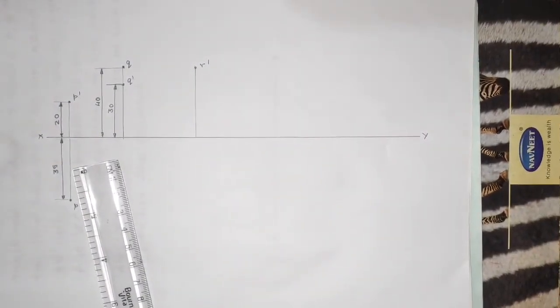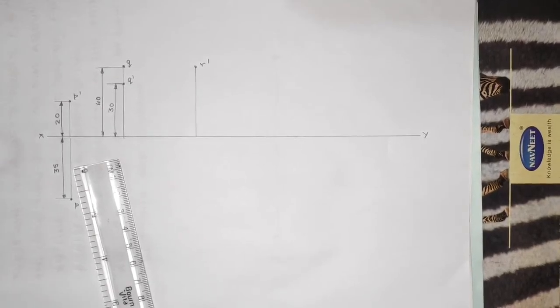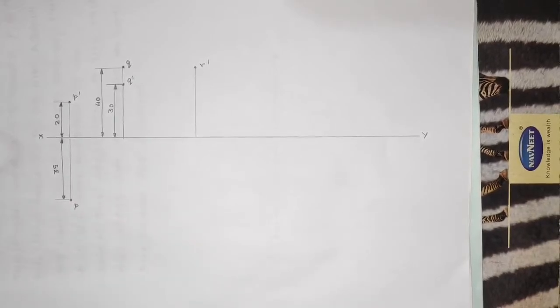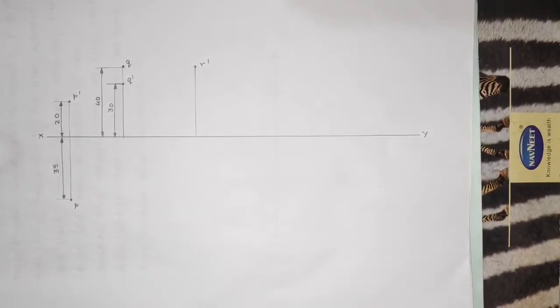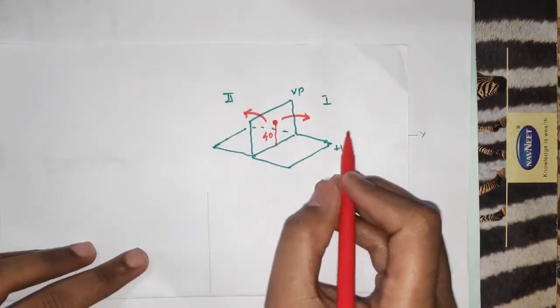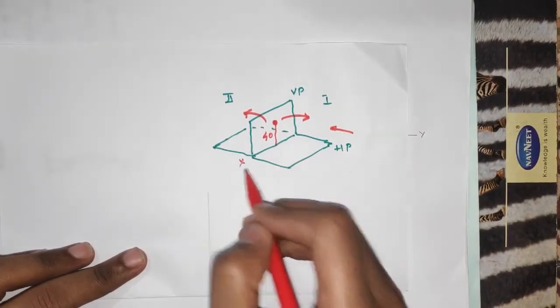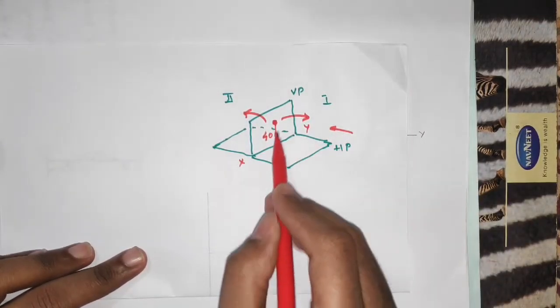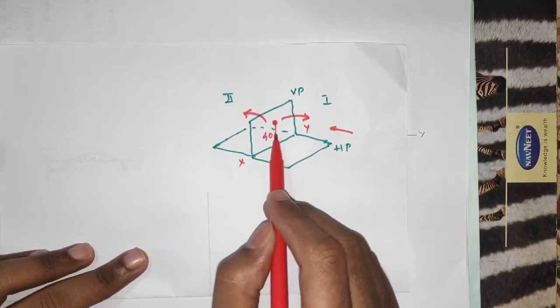Now let us see where the top view of the point will come. Again I'll come back to the figure which I have explained to you. In this figure, when you look at the front view, if this is your XY line, you will see the front view of the point above the XY line.